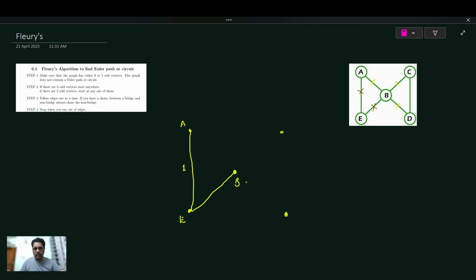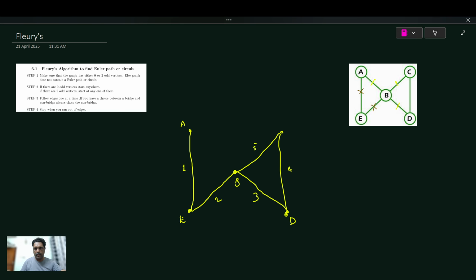So we choose either the edge from B to C or from B to D. I just choose the one from B to D. That is our third edge. Then from D, there is only one choice, D to C. Then C to B. At these stages, we don't have any other options.